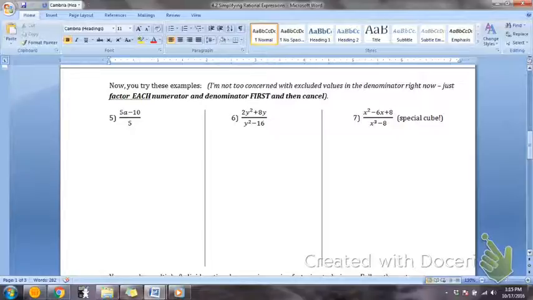Yeah. I like what I'm seeing on number 5. You guys are doing great. On number 5, the only thing I'm left with is a minus 2. And again, you can put that in parentheses if you want to, or you don't have to. Okay, let's work on number 6.